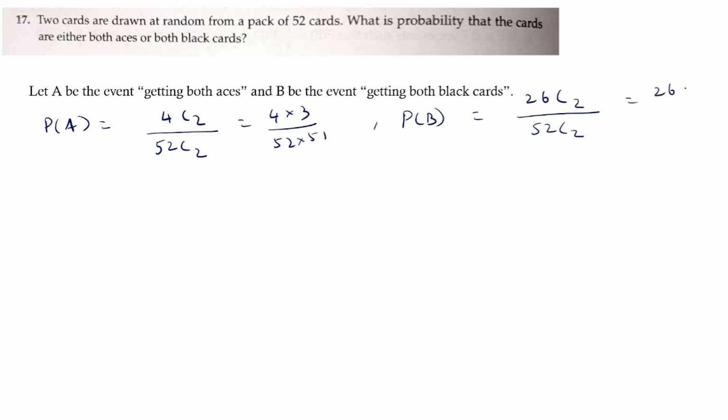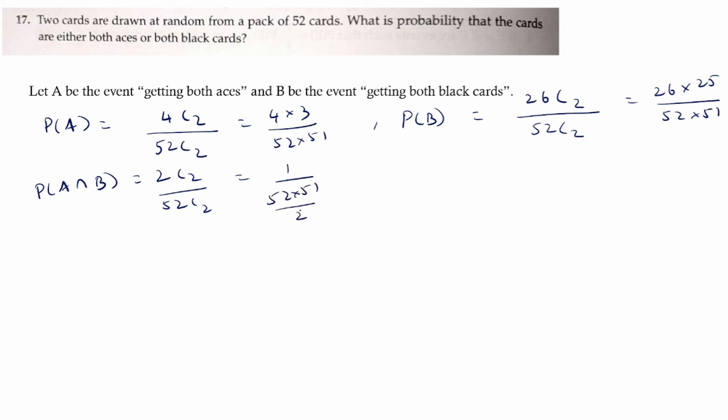So this is equal to 26 into 25 upon 52 into 51. And now we have the 2 aces which are black. So probability of A intersection B is 2C2 upon 52C2. So it will be 1 by 52 into 51 divided by 2.